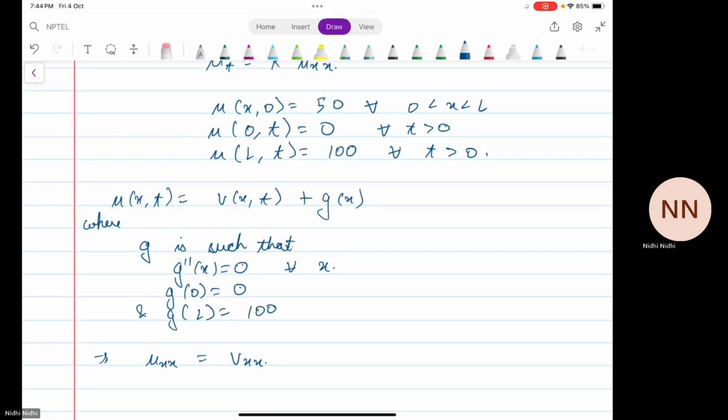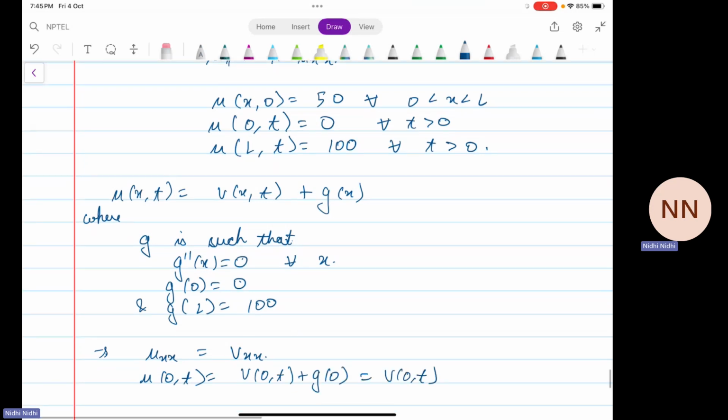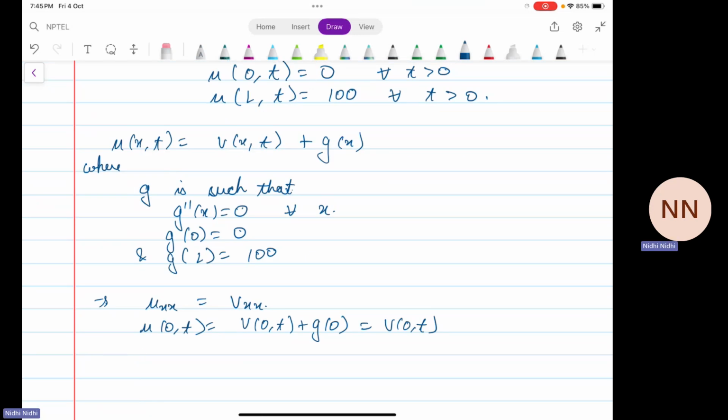Then we have u(0,t) equal to v(0,t) plus g(0), which is v(0,t) itself because g(0) is 0, and u(L,t) is equal to v(L,t) plus g(L), which is v(L,t) plus 100.